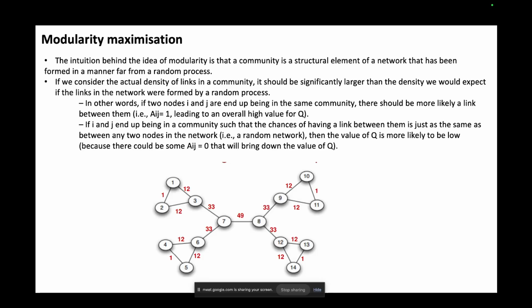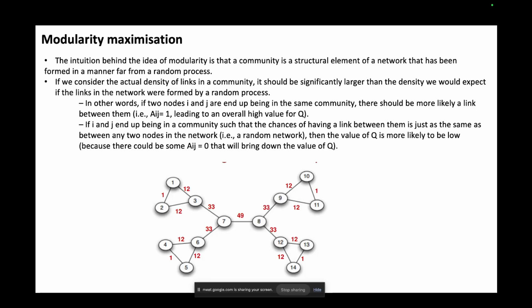But if we consider biological networks, there has to be a biological reason why that particular set of nodes are clustered together. So the idea is that clustering has happened in a non-random manner. It's not a random process. There is a certain reason behind that clustering.